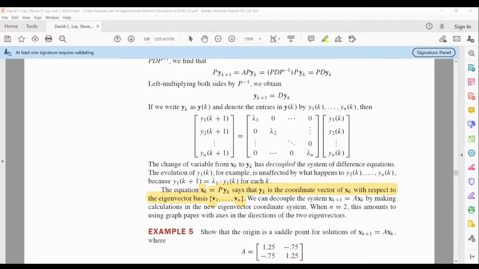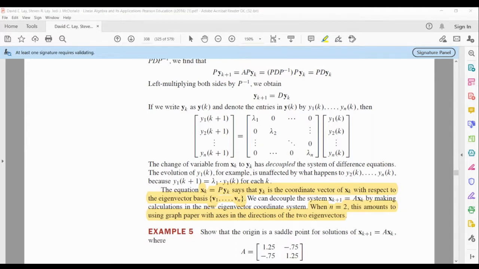So what this amounts to is that when n equals 2, this amounts to using graph paper with axes in the directions of the two eigenvectors.